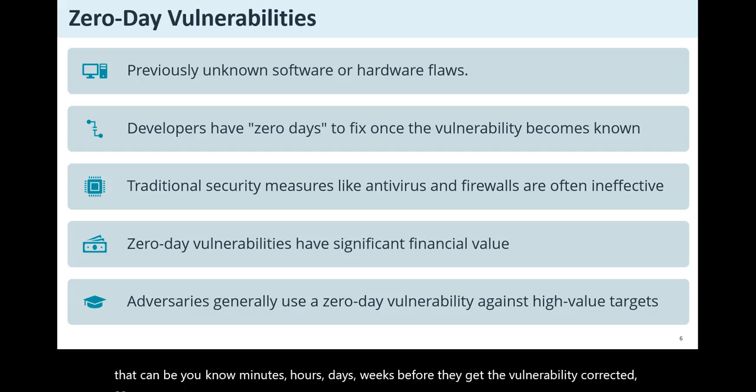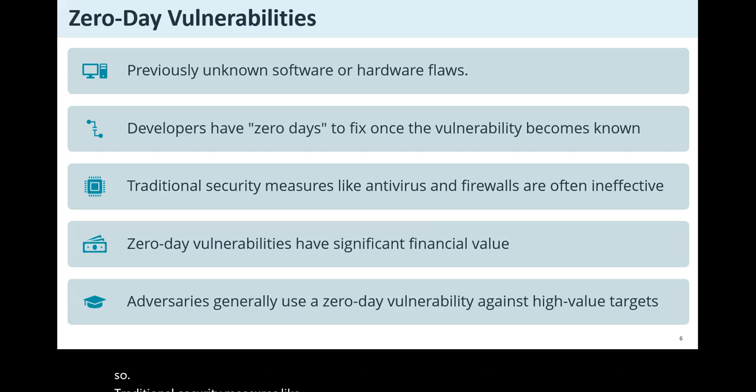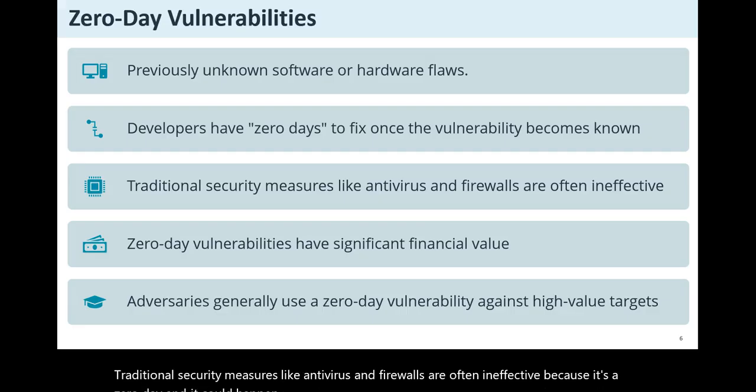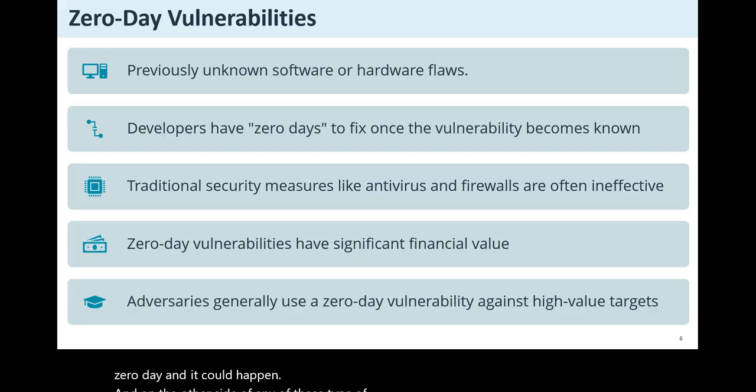Traditional security measures like antivirus and firewalls are often ineffective against a zero-day, because it could happen on the other side of any of these barriers, and it can make a significant financial impact on an organization: loss of productivity, loss of confidence, reputation damage, that kind of stuff.